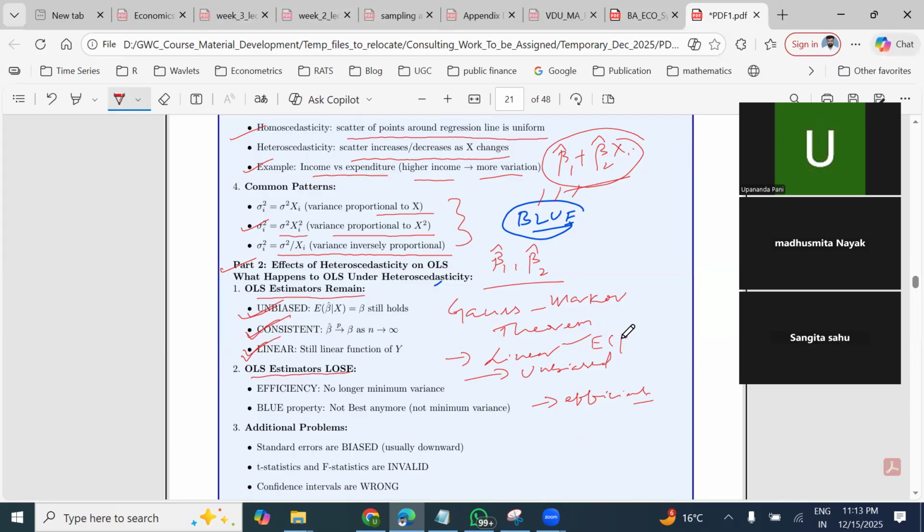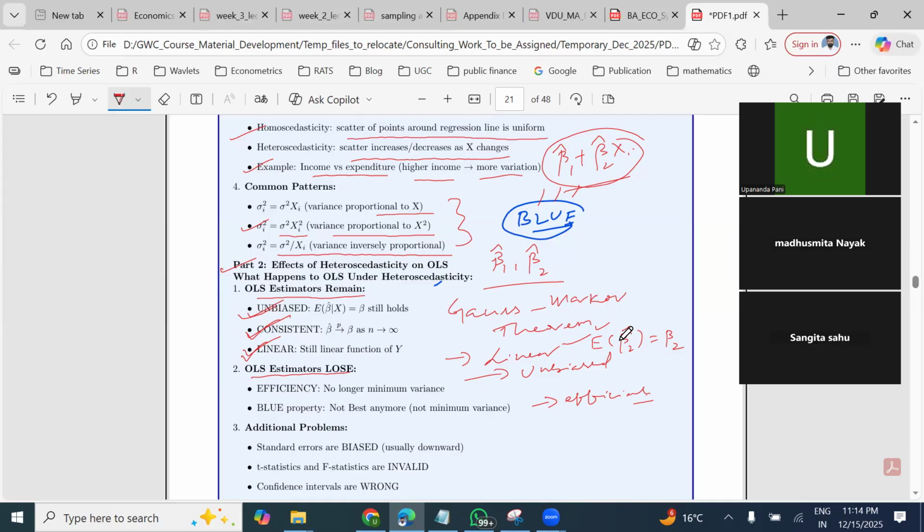Unbiased means, what is unbiased? Expected value of beta 2 hat is equal to beta 2. Already you know expectation, right? It means, for example, if you draw 30 samples from population data and estimate beta 2 hat, there will be 30 regressions, isn't it?